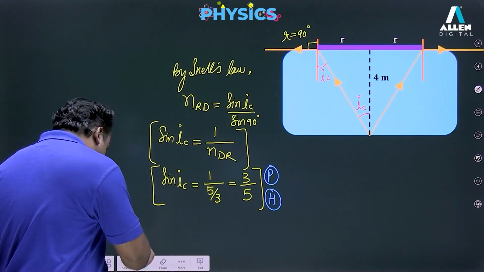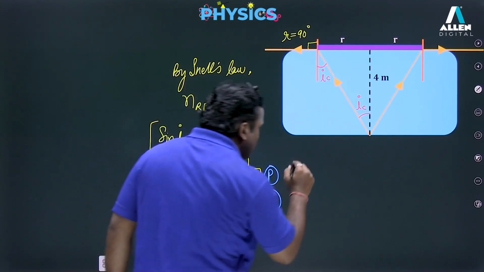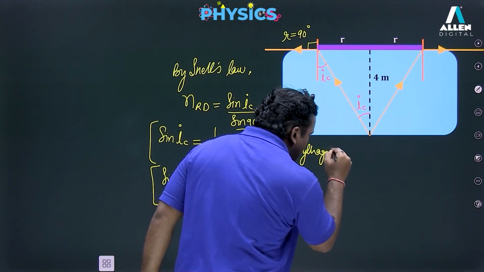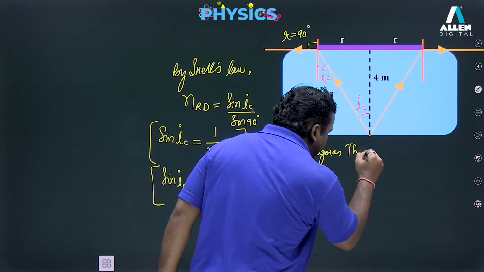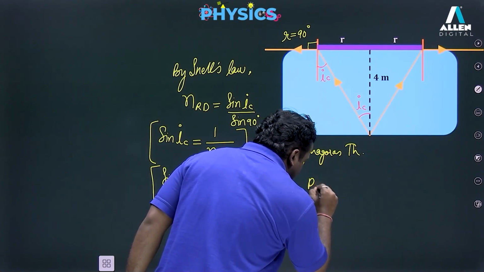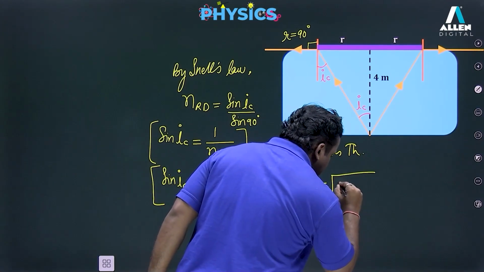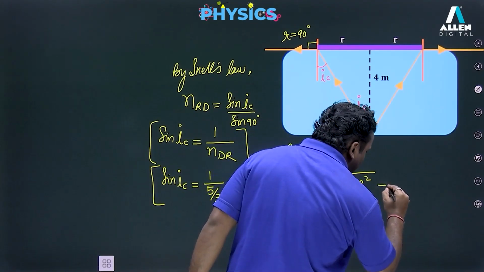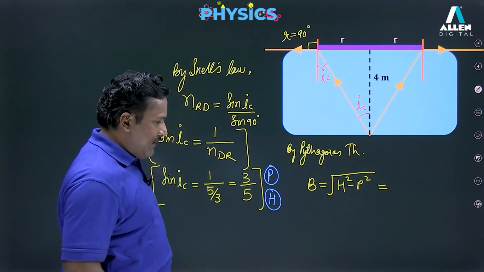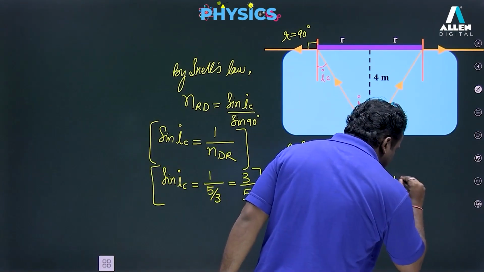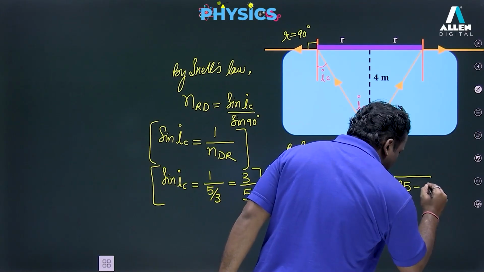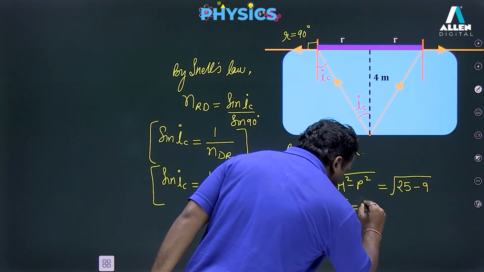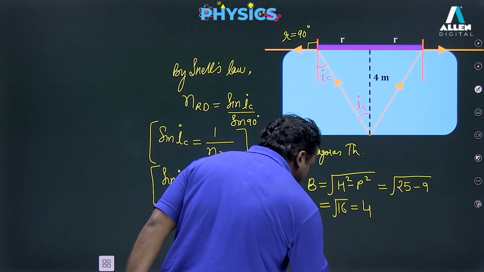By Pythagoras theorem, the base will come out as the square root of hypotenuse square minus perpendicular square. The hypotenuse is 5. 5 5s are 25 minus 9. 25 minus 9 is 16. Square root of 16 is equal to 4. So from here the base is coming out as 4.